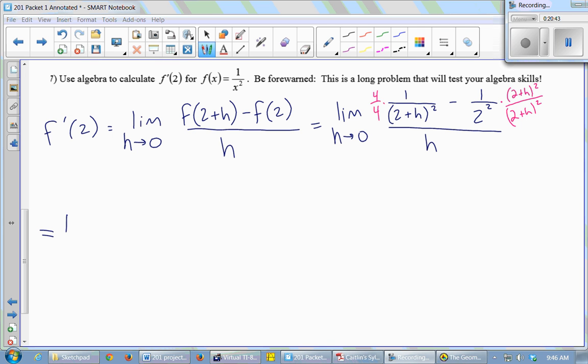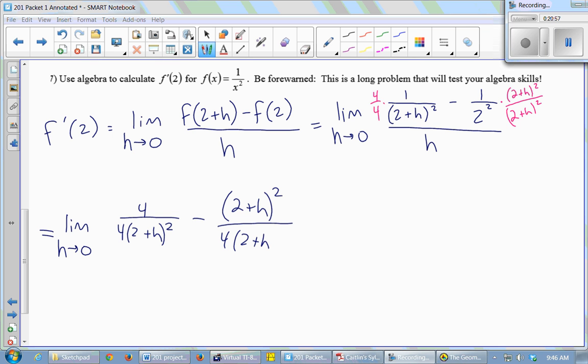So I've got the limit as h approaches 0 of 4 over 4 times (2 plus h) squared, minus (2 plus h) squared over 4 times (2 plus h) squared, all over h. I got a common denominator so that now I can actually subtract those two fractions.